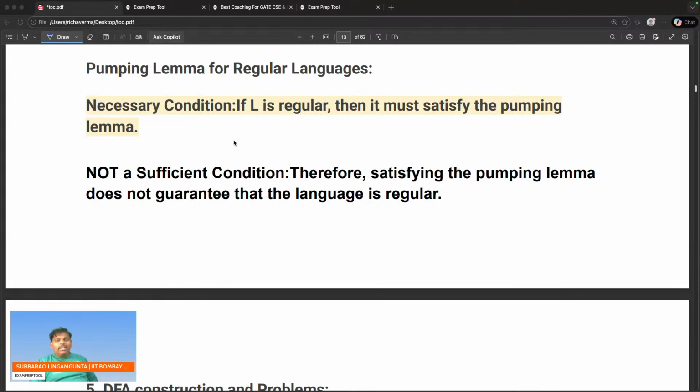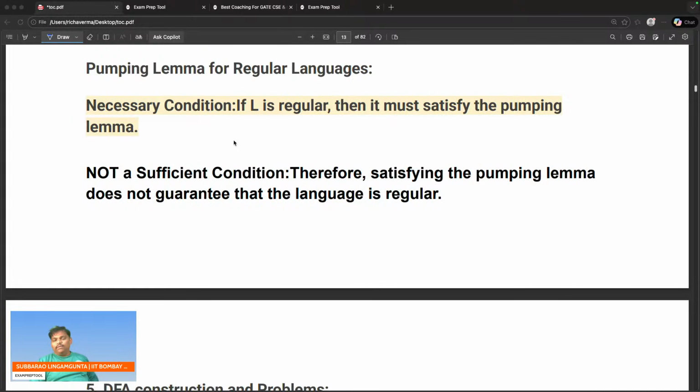What is the pumping lemma saying? Pumping means a loop is required. If a language is regular, there is a DFA. Let us assume that 5 states are there, and that DFA accepts an infinite language. Let's take a string of length 5 or more.